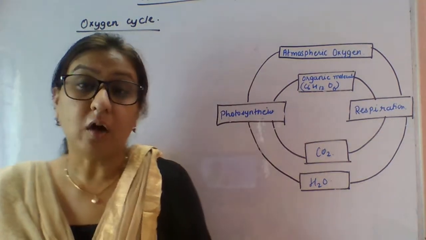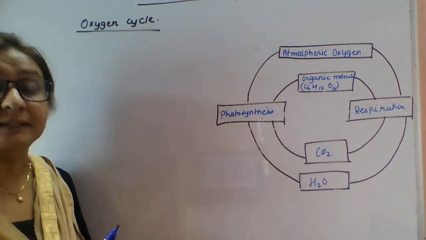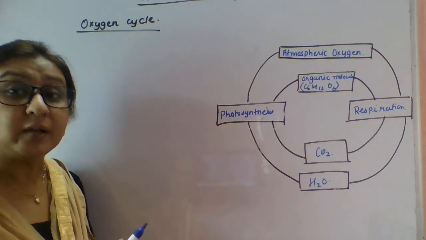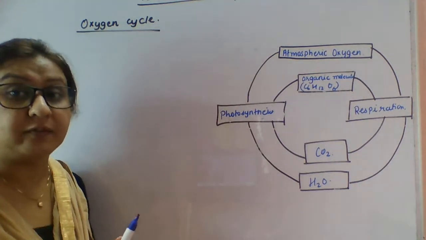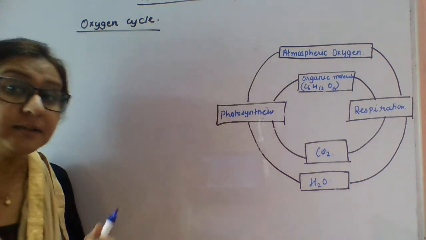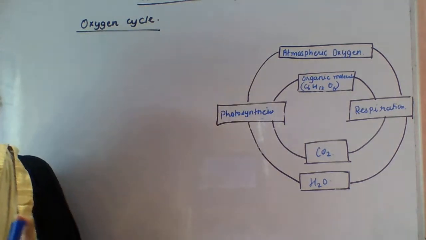As you know, oxygen is an abundant element that is present at around 21%, or you can say 20.95%, in the Earth's atmosphere among all gases.